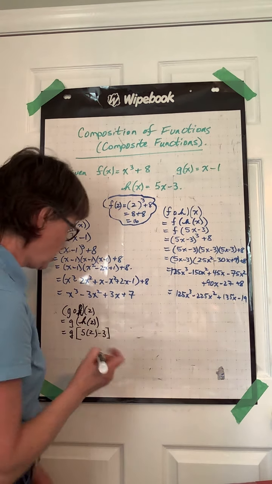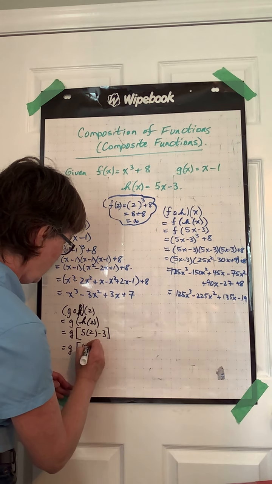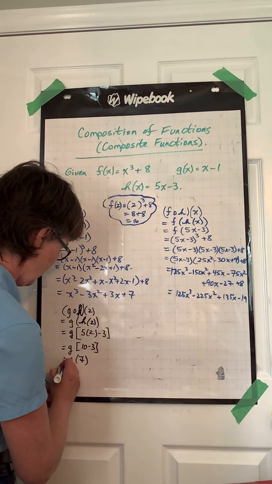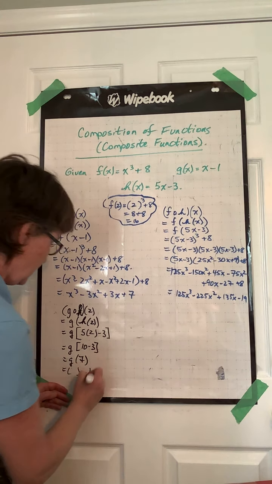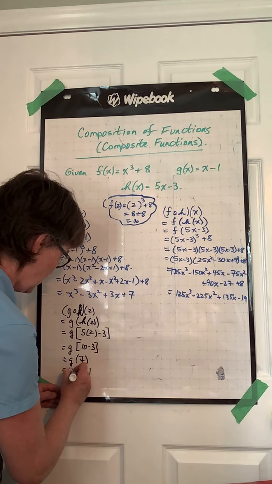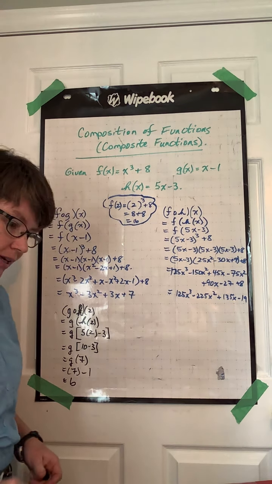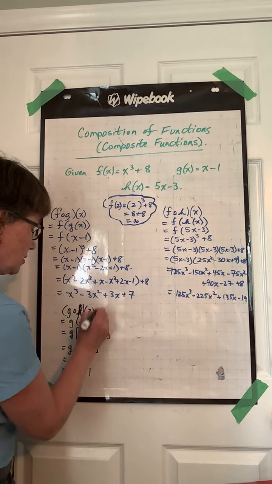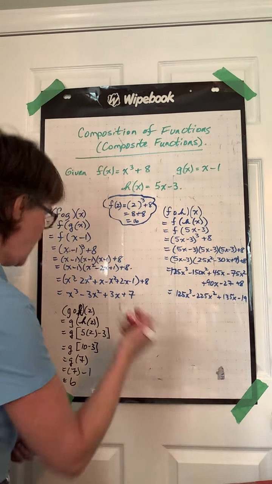This is now 10 minus 3, so g of 7. Take the g function, x minus 1, and where there's an x, place what we need to place in there, which is 7 in this case, and that equals 6. Another way of doing this is you can start with h of 2.